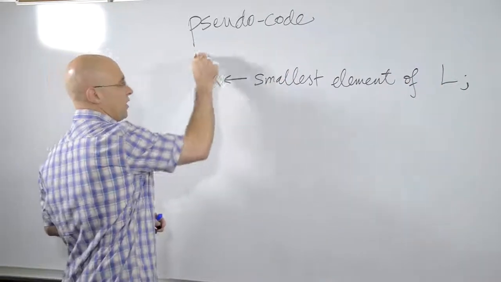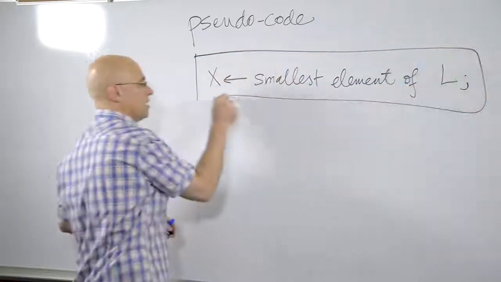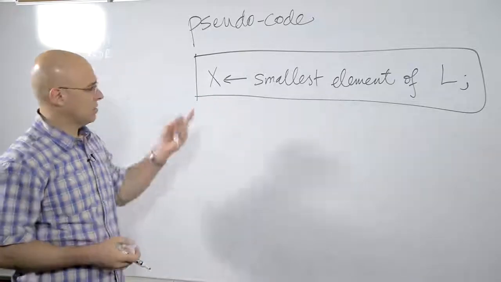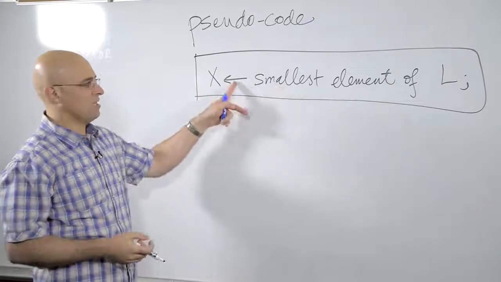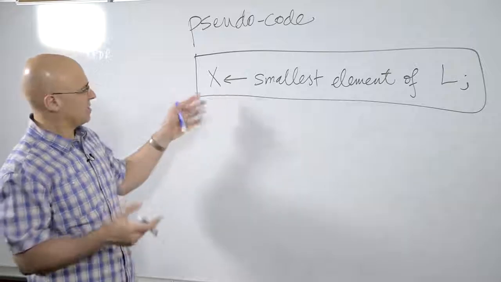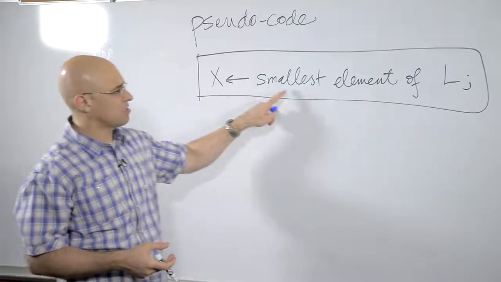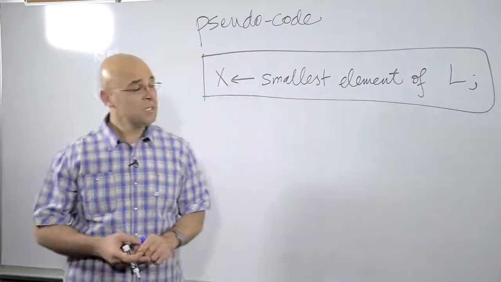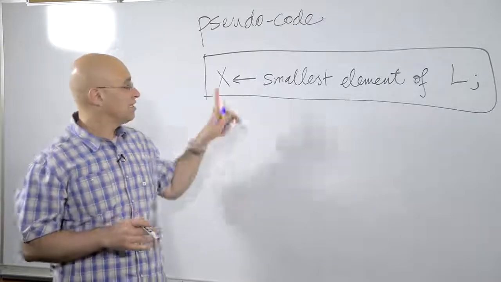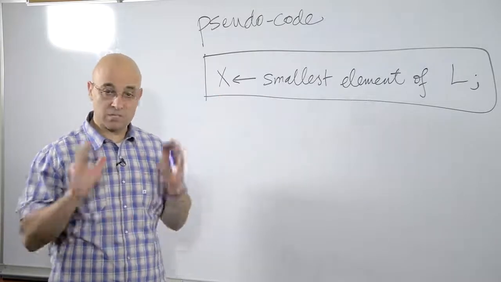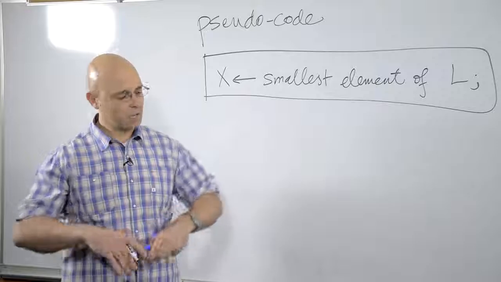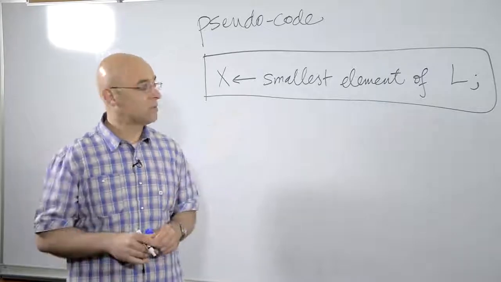So this is one way that I can describe this in pseudocode. Notice I'm using English, I'm using some mathematical symbols, but it is basically telling me that I'm assigning to x the smallest element of L. Now, I have told you what I want to assign to x, the smallest element in L. Okay? Or a smallest in case there are multiple ones.